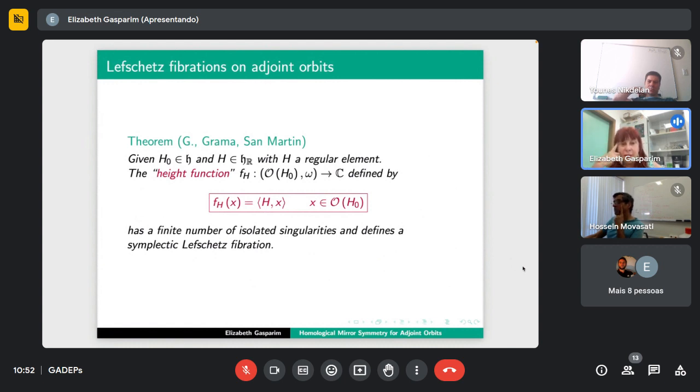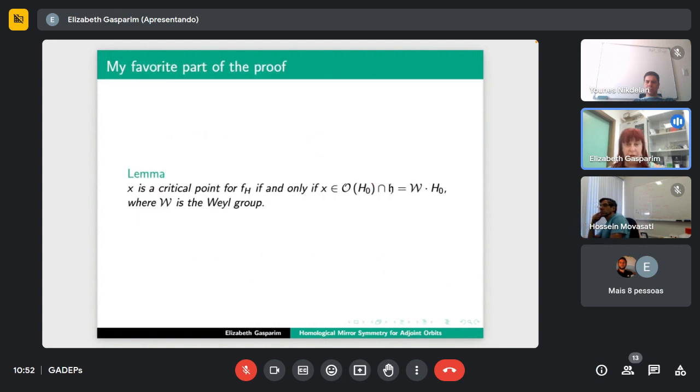From the algebraic geometry point of view, all these adjoint orbits are affine varieties. You can write them by equations inside the Lie algebra. So it looks very simple. From the symplectic point of view, it doesn't look simple at all. So let's take a look.